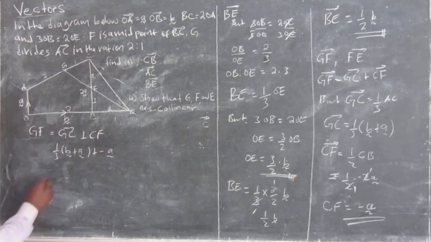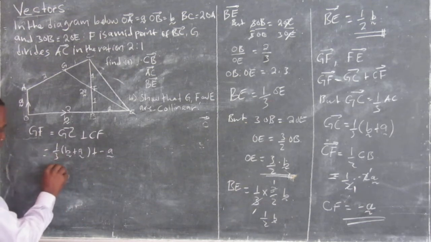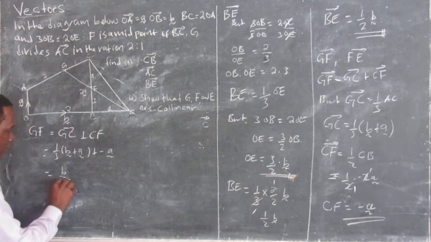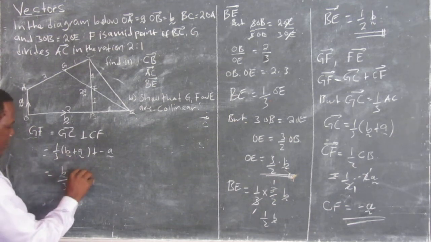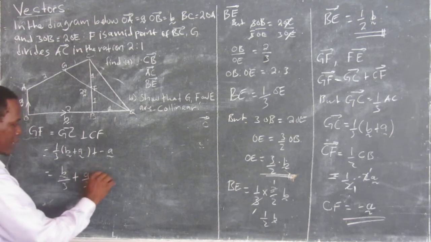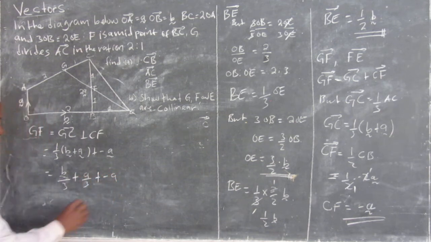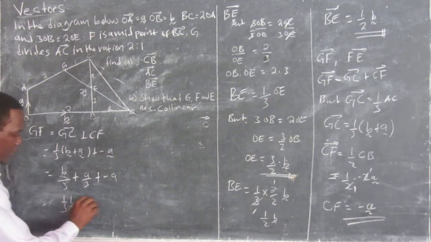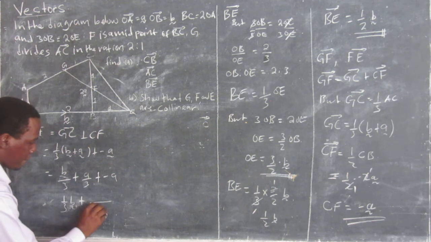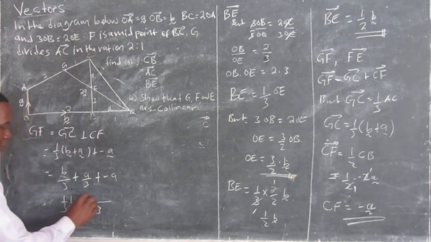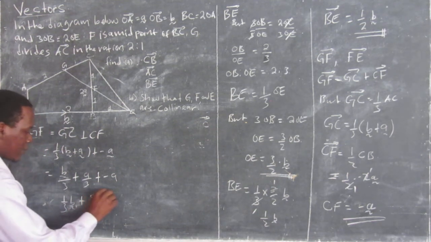If you enter the bracket here, we are going to end up having B out of 3 plus A out of 3 plus negative A. Collecting like terms will give us here 1 out of 3B plus A, also 3A minus 3A.